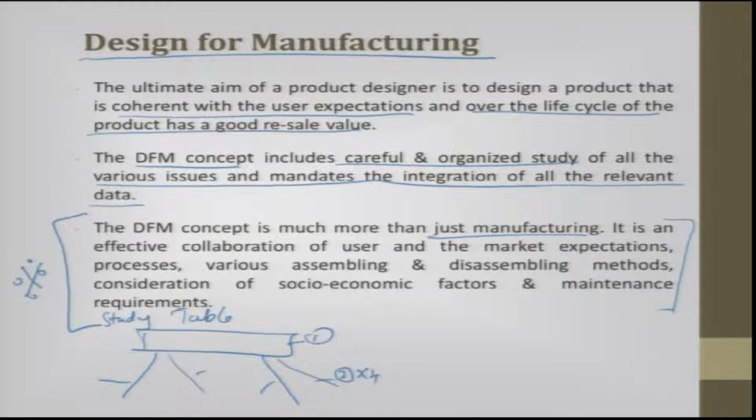So, what people have done today is, if you completely make a table in your factory and try to transport this table to the customer, it occupies a lot of volume, space. So, what people have come out with is something called design for manufacturing. They try to sell a table as disassembled parts.